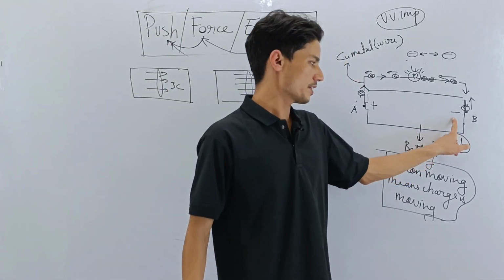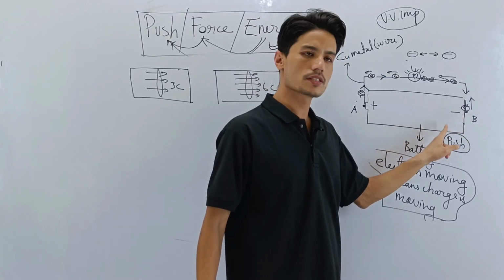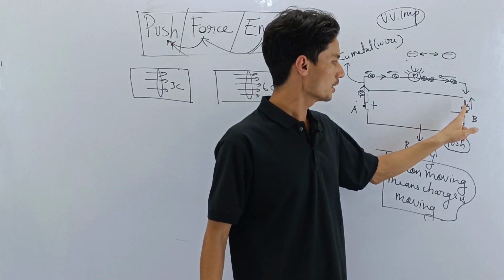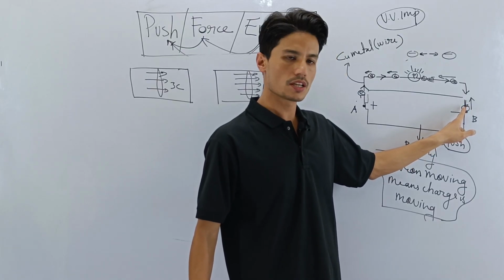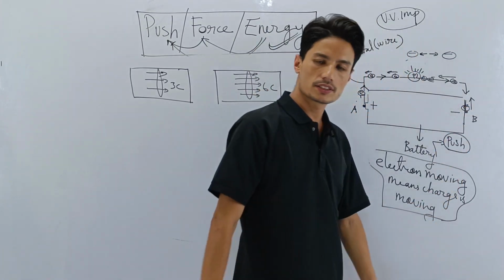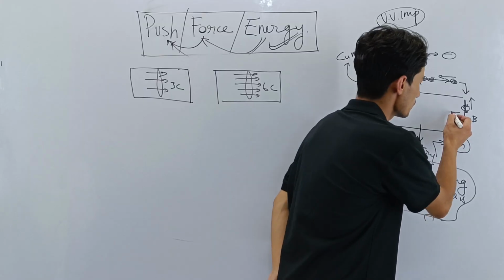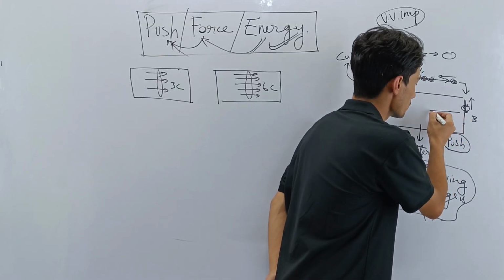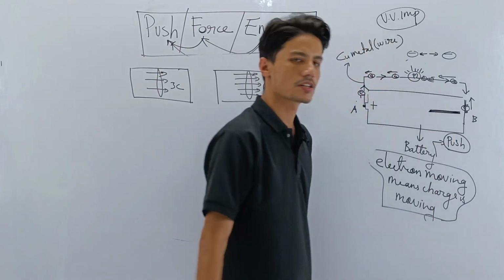So this terminal of the battery is providing a push to the electron. Now, if the push is strong, will the electron not move faster? Yes or no? What if this is a big negative charge? Let's make it a big negative charge.